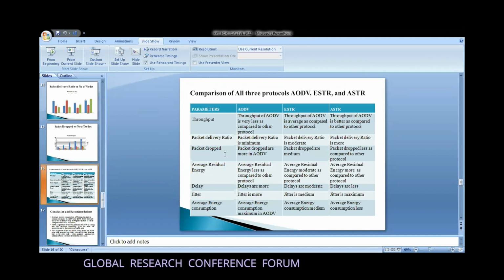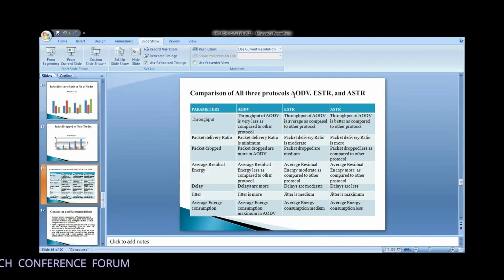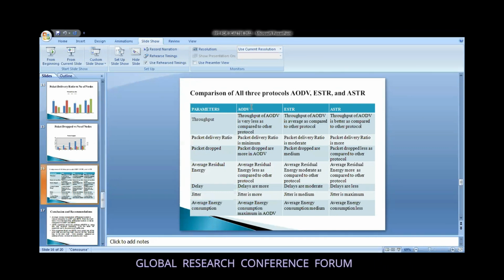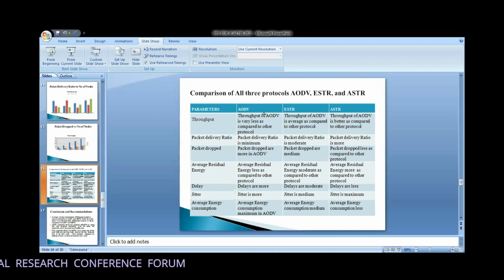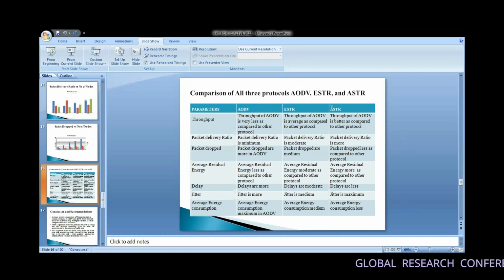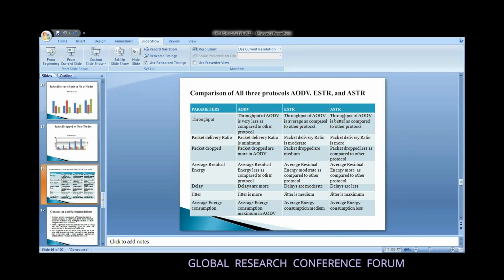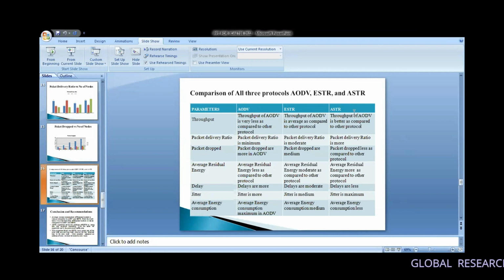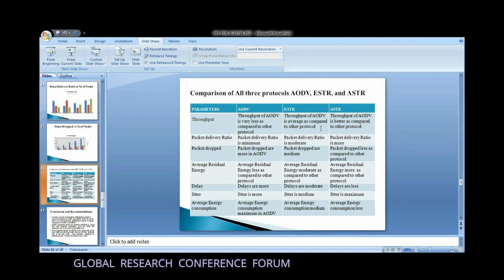This is the comparison of all protocols, that is AODV, ESTR, and ASTR. See, with respect to these performance parameters, the three types of protocols are over here, and comparing the overall performance, the newly designed routing protocol is better as compared to the traditional one. The throughput of the ASTR is better as compared to the traditional one.